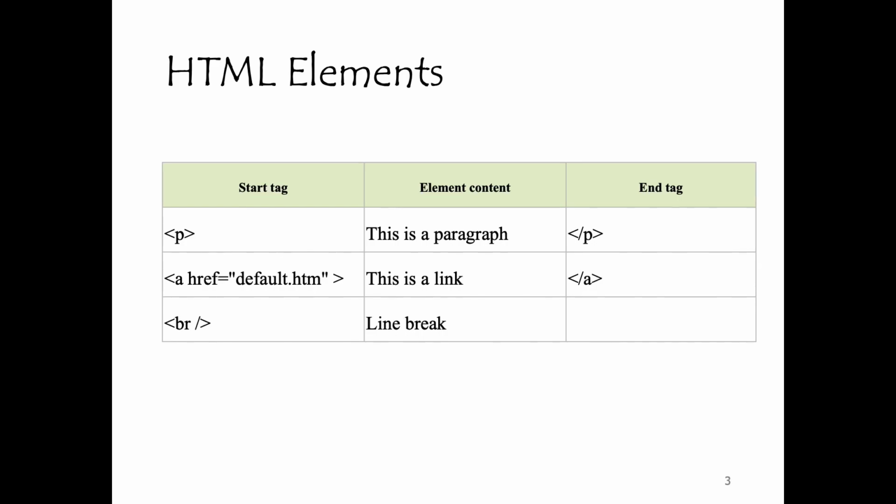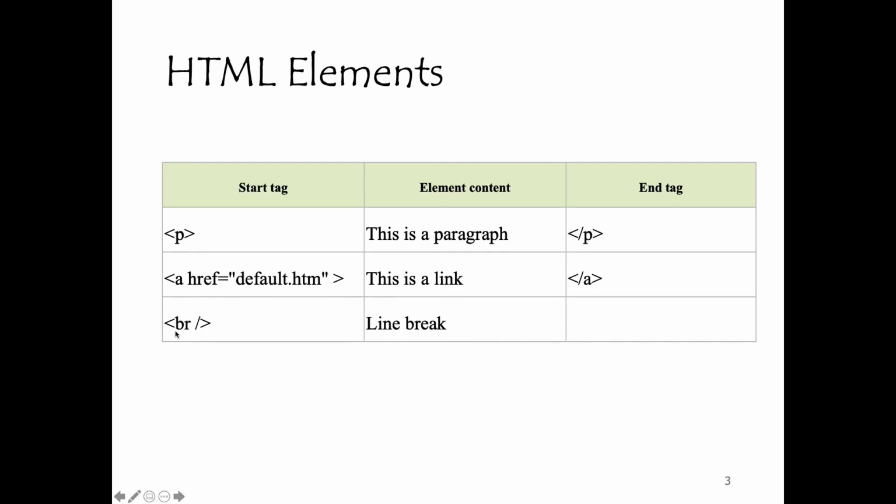A very special case is when we do not need both a starting and an ending tag. For example, a line break. There is nothing you may want to show on your web page. In this case, you can just open and close in one place.